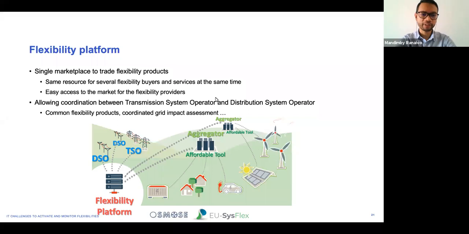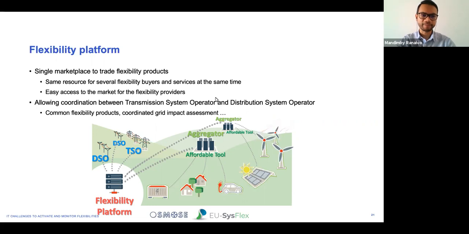One important point here is that with this approach, the same resource is potentially shared by multiple flexibility buyers at the same time. Another important point is that this single marketplace offers opportunities to small flexibility providers to access the market more easily.